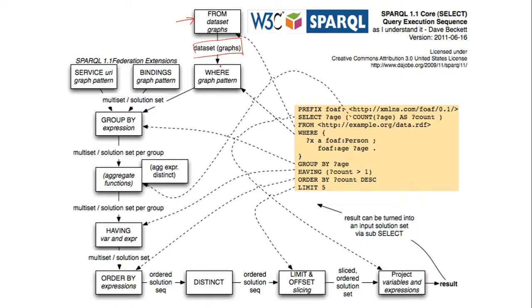In the next part, you might have a mention of graph patterns, or you have observed that we can make use of service URI to query the databases remotely. These are also some federated sources which you can take into account in your dataset. And finally, you have a where clause. In this where clause, you have different graph patterns.